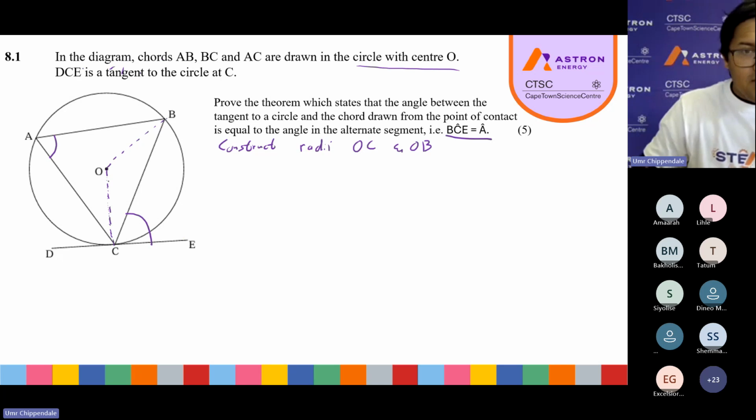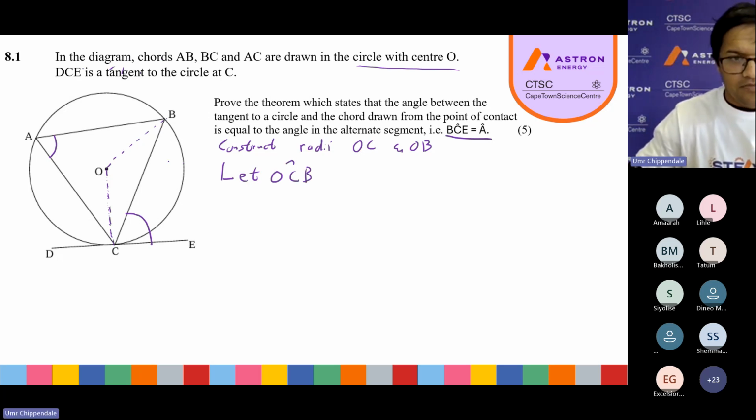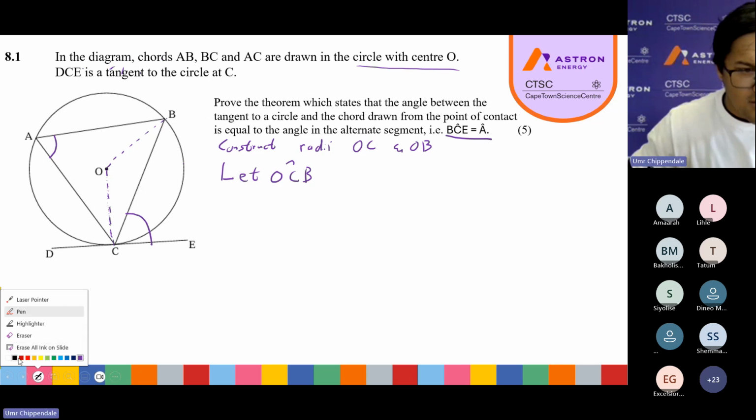So in this particular case, I'm now going to say, let that particular angle, which is OCB, which is this one over here, let's change the color so you can see it as well. That is different.